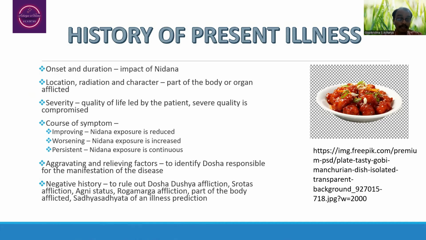Why is the documentation of these necessary? For example, when you document the onset and duration, we can note the impact of Nidana. For example, the person has consumed Gobi Manchuria. There may be a possibility of the person having a bloating sensation of the abdomen, sour eructation, retrosternal burning sensation, etc. So here the impact of the Nidana can be predicted.